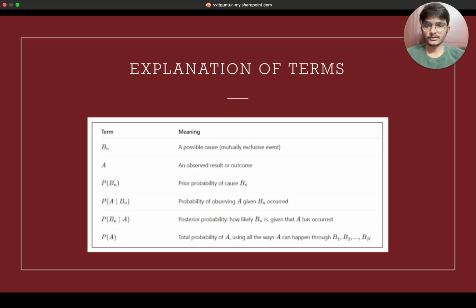P(Bn) is the probability of the event, which we will call the prior probability. P(A|Bn) is the probability of A given that Bn has occurred. P(Bn|A), which is the reverse of the previous one, we will call the posterior probability: how likely Bn is given that A has already occurred. The last, P(A), is the total probability of A using all the ways A can happen through B1, B2, and so on up to Bn.